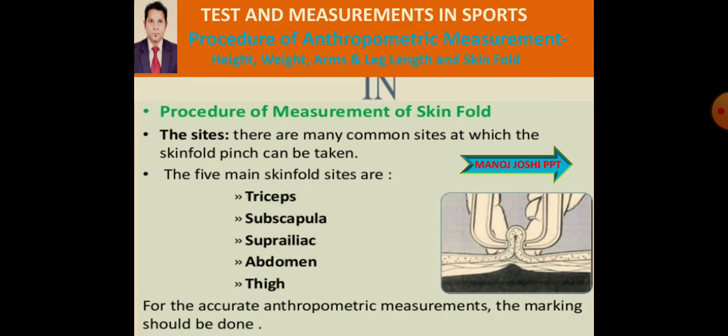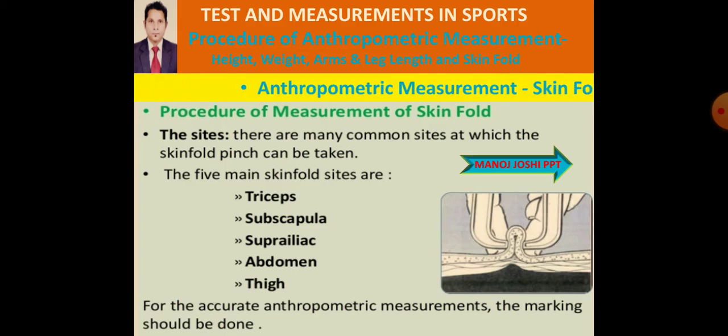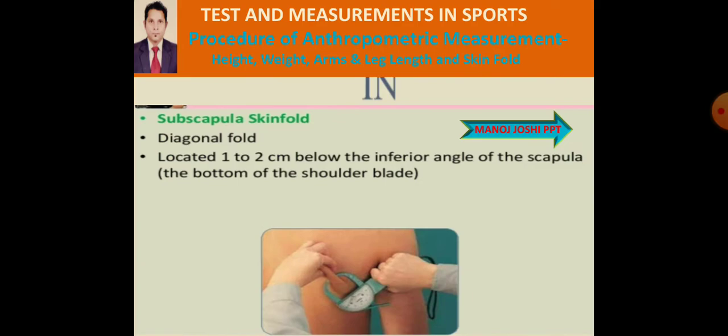The subscapula, that skin fold we will see here. Triceps we know, then biceps and triceps, arm muscles are there. So scapula, subscapula, we will see here. Subscapular skin fold, diagonal fold, located 1 to 2 centimeters below the inferior angle of the scapula, the bottom of the shoulder blade.